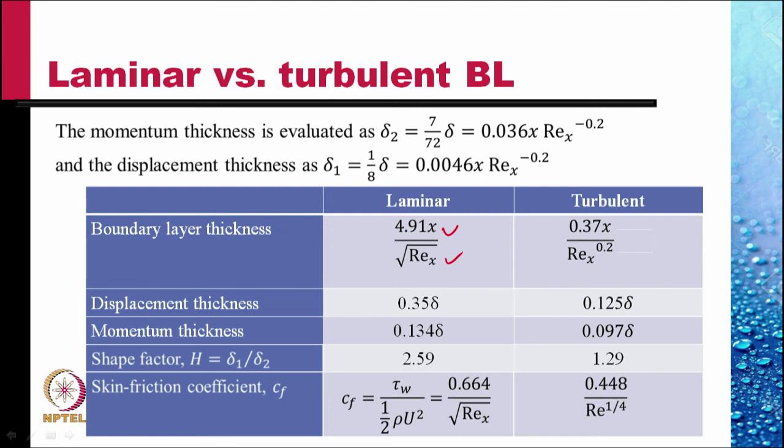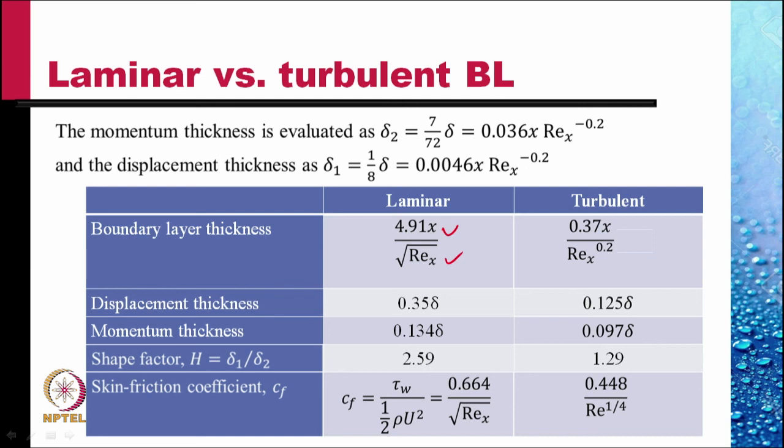So when we take the square root of that, we have x raised to the power half. And so the net variation of the boundary layer thickness in the laminar flow is like x raised to the power half. And for the turbulent flow, by the same argument, this is like x raised to the power 0.8.